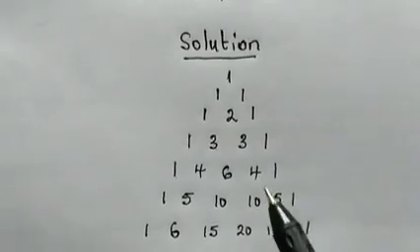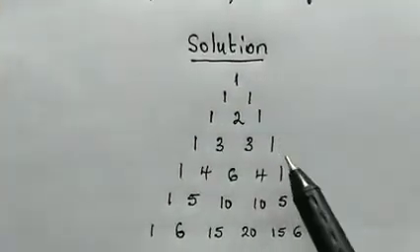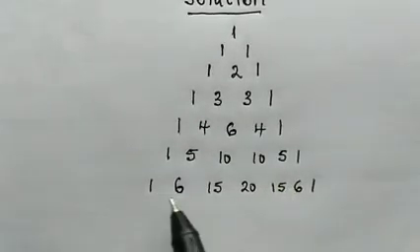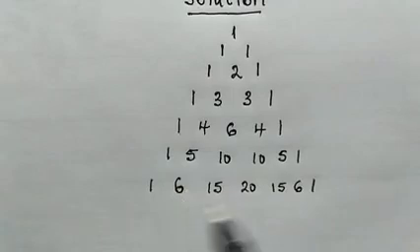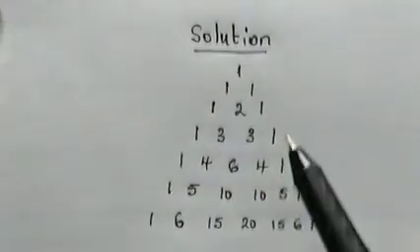Remember, the highest power we have here is 6. So we need the row where the second number is 6, and this is the row, right? The second number here is 6, and we need to evaluate this binomial to the power of 6.